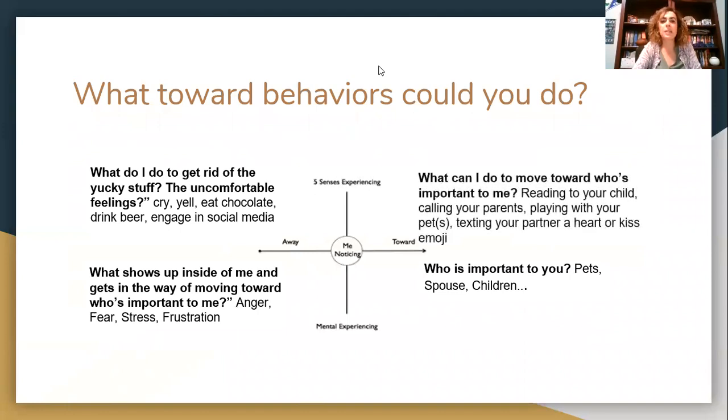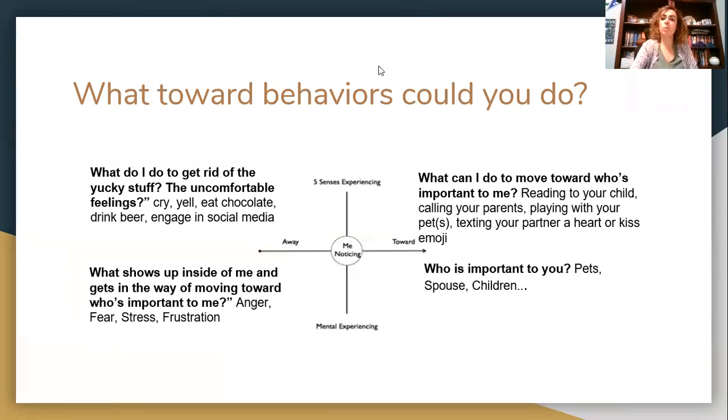Depending on what your list looked like, it could be spending time with your child, whether it's reading a book, playing, or watching a TV show with your child, calling your parents, playing with your pets, walking your pet. If your spouse or your partner is important, doing some toward behaviors that let them know that you are thinking of them, like texting them.